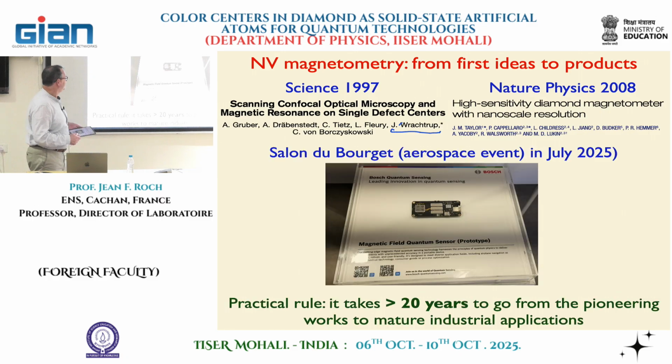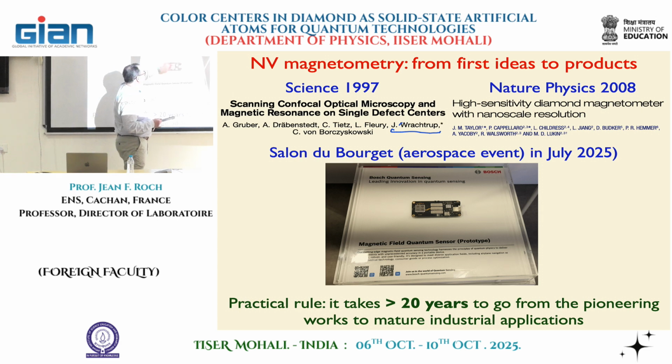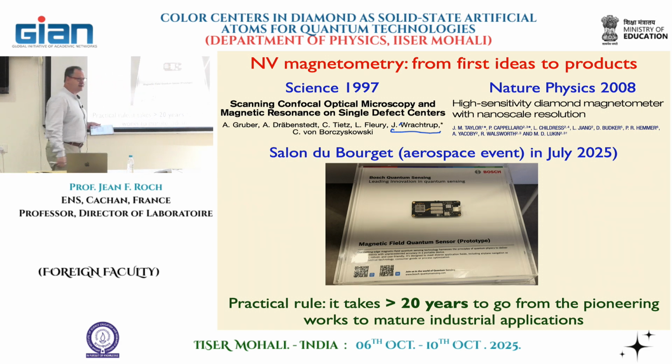And so now these are the products about that. So you have here a system that was shown, a demonstrator that was shown at the Salon du Bourget in Paris. And Salon du Bourget, it's a very important aerospace event that occurs every year in July. And Bosch showed a very compact system in which you have a diamond crystal.